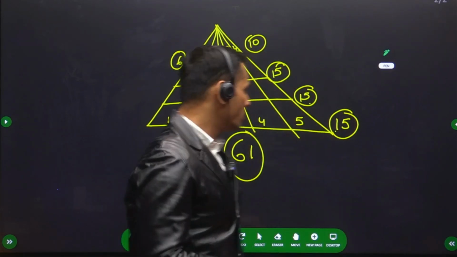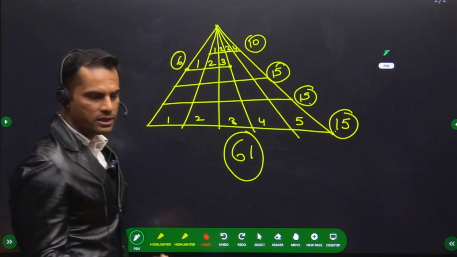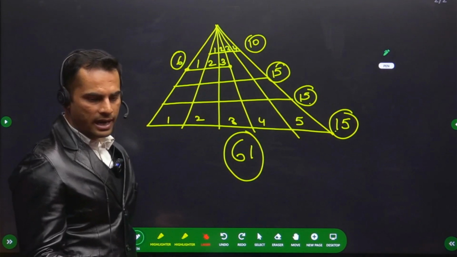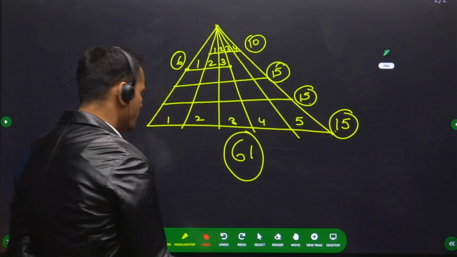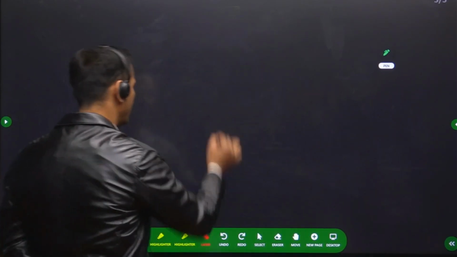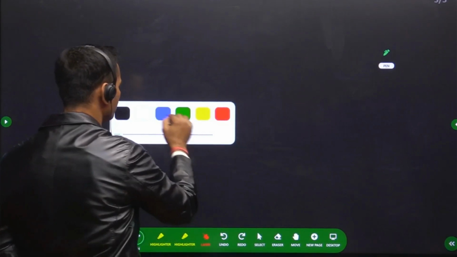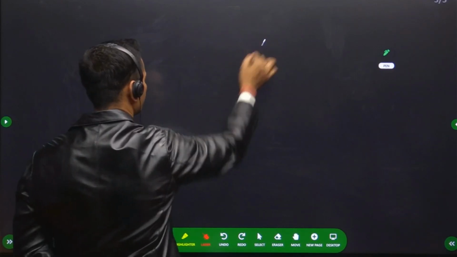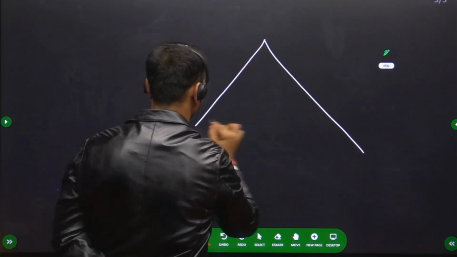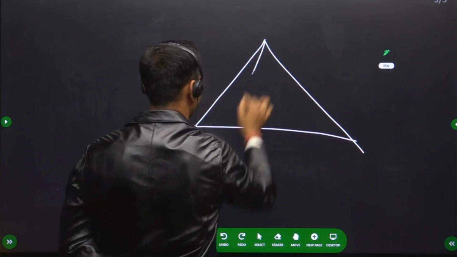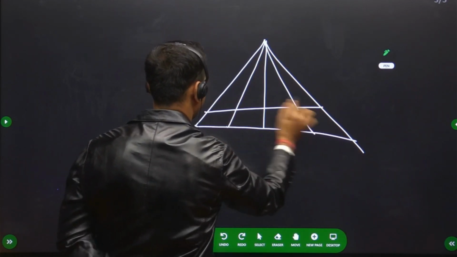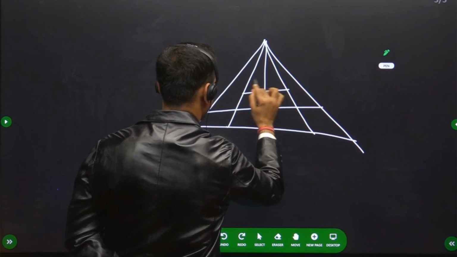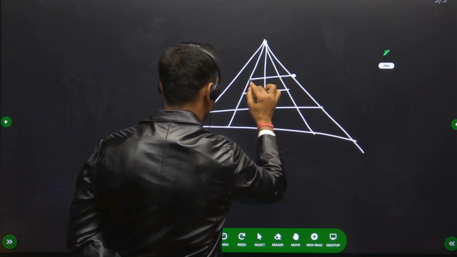Great. So now a question for you all, just to check whether you are understanding the concept or not. A simple question for you all. Do it carefully.